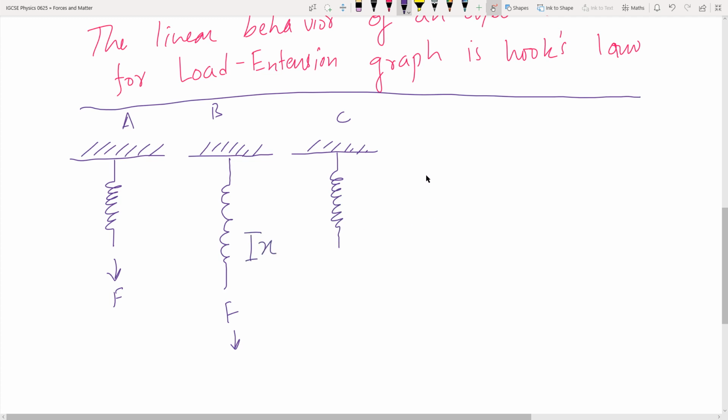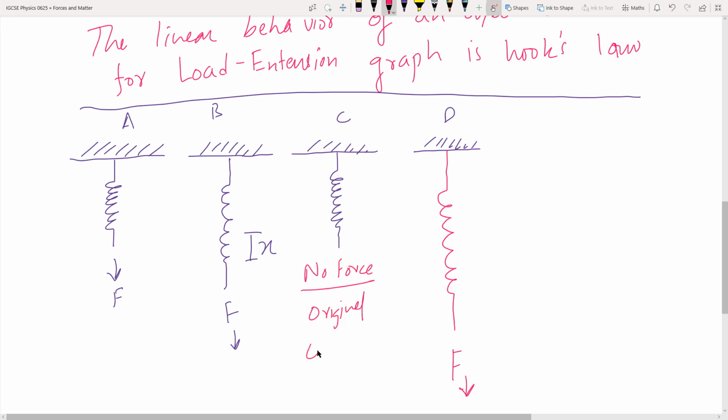Displacement. Contrary to this, if I now again stretch it up to a point that I go a little too hard on the spring, right? Under the action of the force. Over here there is no force, right? No force. So it came back to original condition. So that's the Hooke's limit, right?